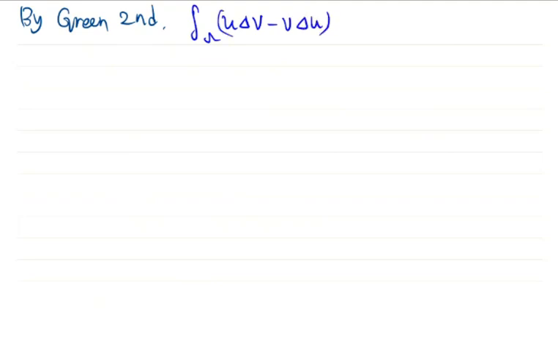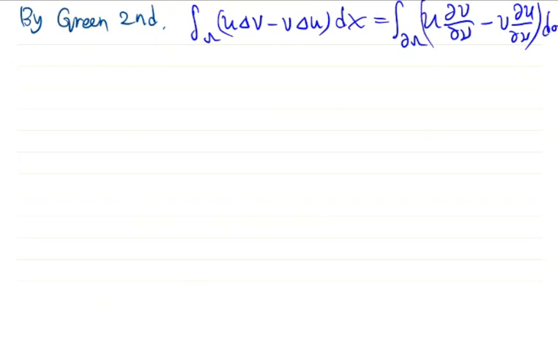Now we apply the second Green identity. The second Green identity says that the integral over omega of u Laplacian v minus v Laplacian u equals the integral over the boundary of omega of u times the directional derivative of v minus v times the directional derivative of u, a surface integral.